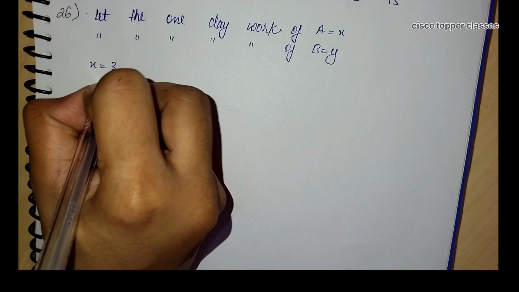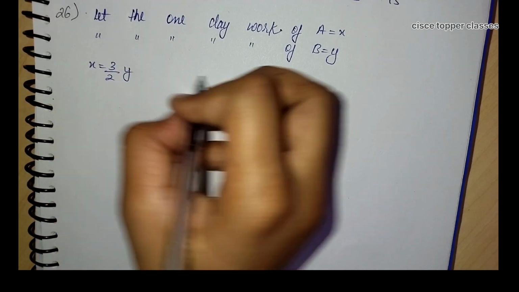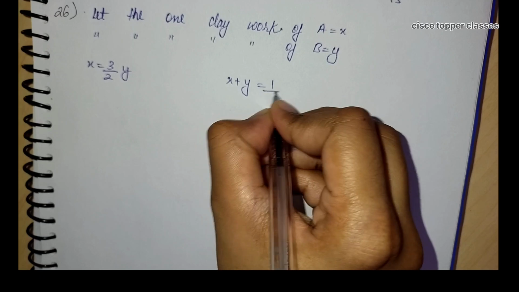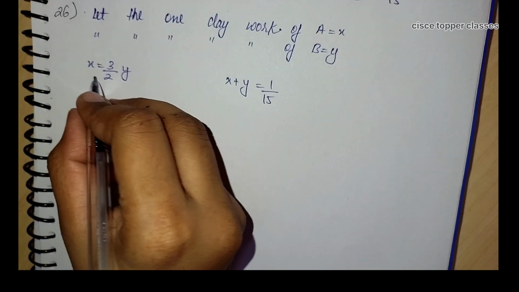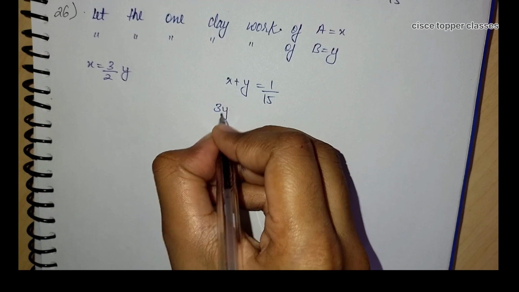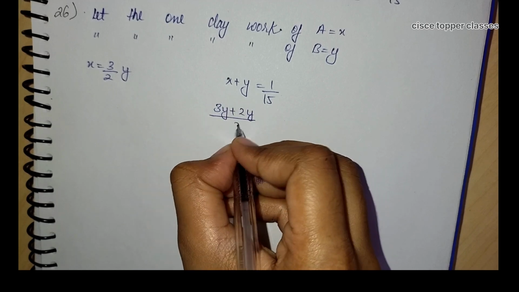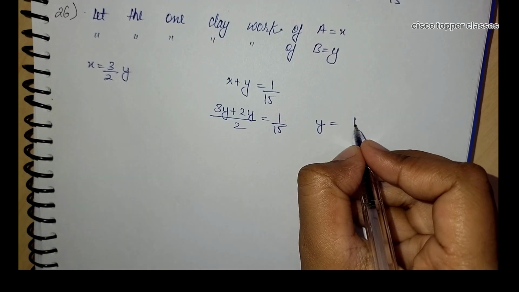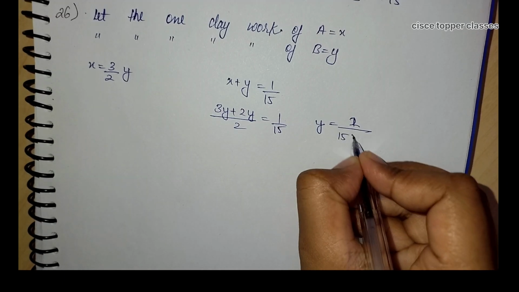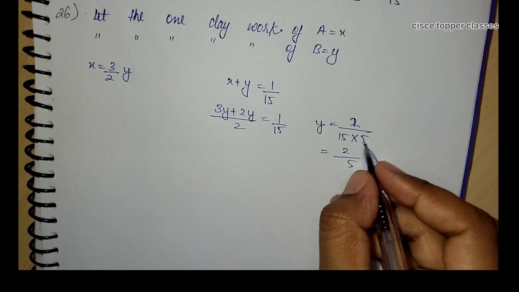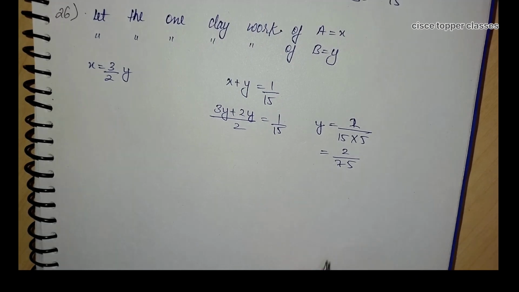So X is equal to 3 by 2y according to given information, and x plus y is equal to 1 by 15. So on putting the value of x here, we will get 3y plus 2y divided by 2 equal to 1 by 15. So y is equal to 2 divided by 15 into 5, which will be 2 by 75.